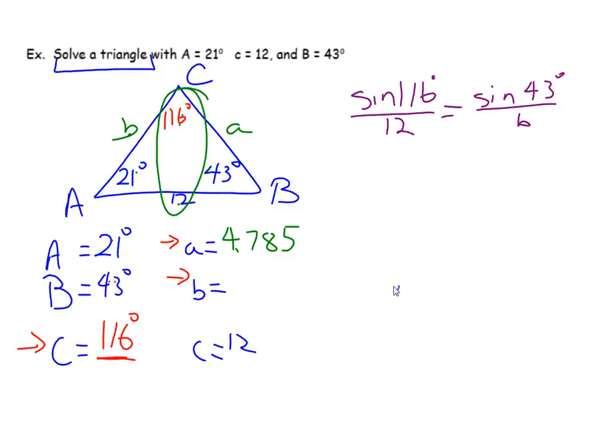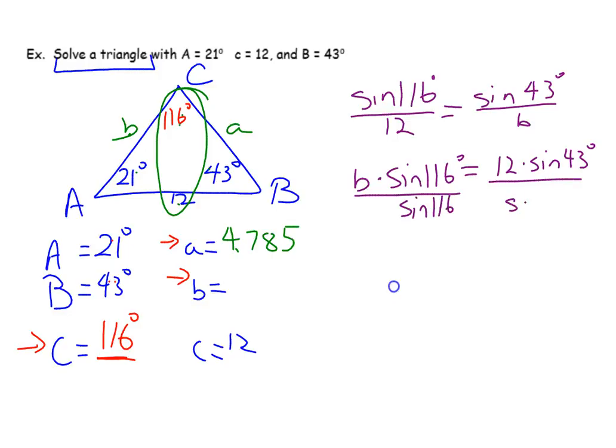Again, cross multiplying, I get b times the sine of 116 degrees is equal to 12 times the sine of 43 degrees. To get b alone, I divide both sides by the sine of 116. And I get b equaling 12 times the sine of 43 degrees over the sine of 116.